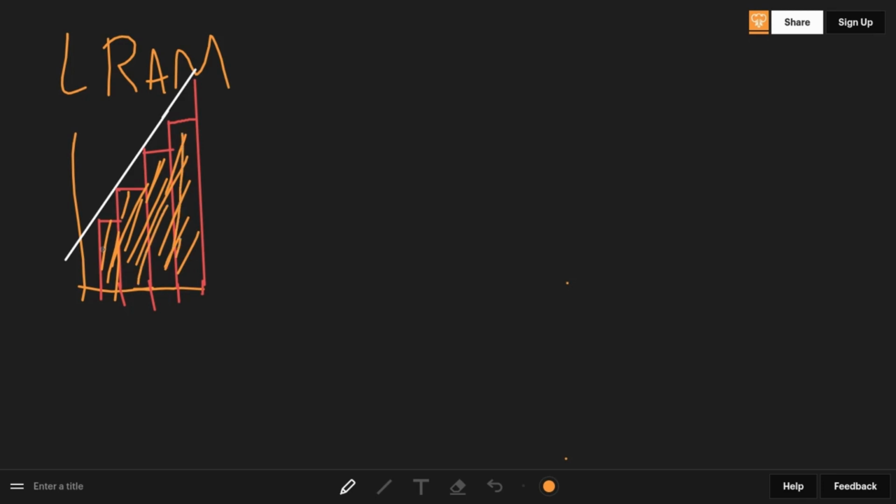Basically I found the area of each rectangle and added them up.